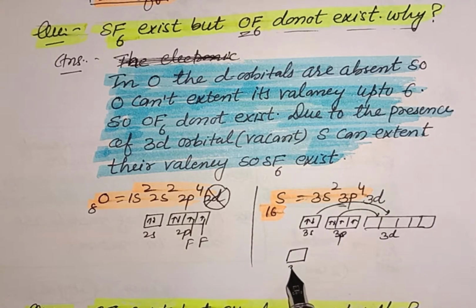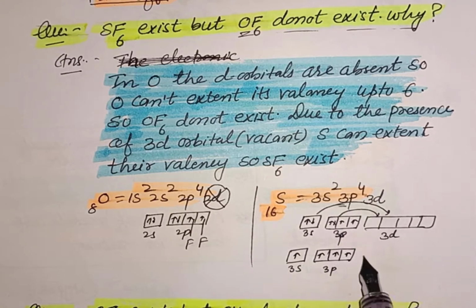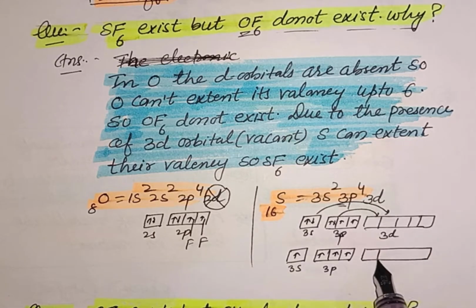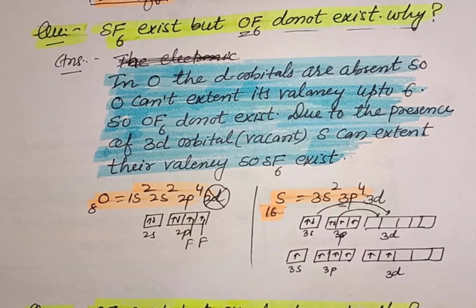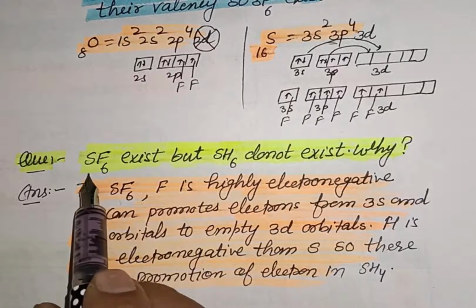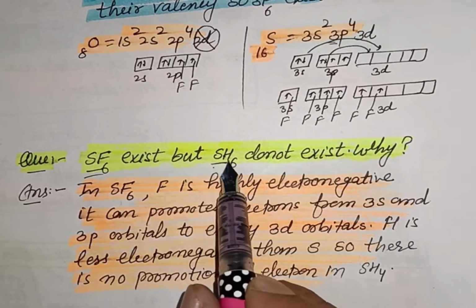So in 3s there will be 1 electron, in 3p there will be 3 electrons because 1 electron is promoted, and in the 3d subshell there are 2 electrons after the promotions. So we have 6 half-filled orbitals to which the fluorine can attach. So SF6 can exist.